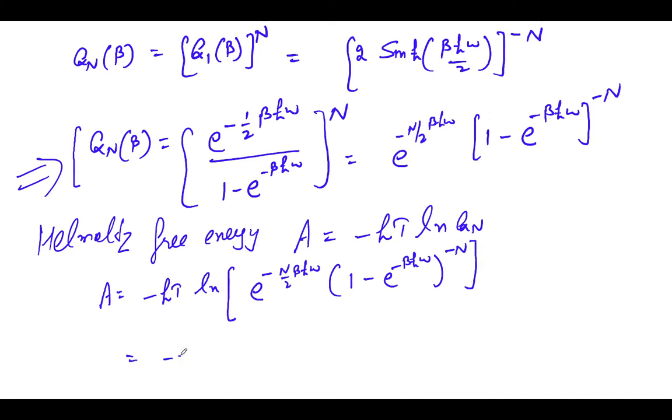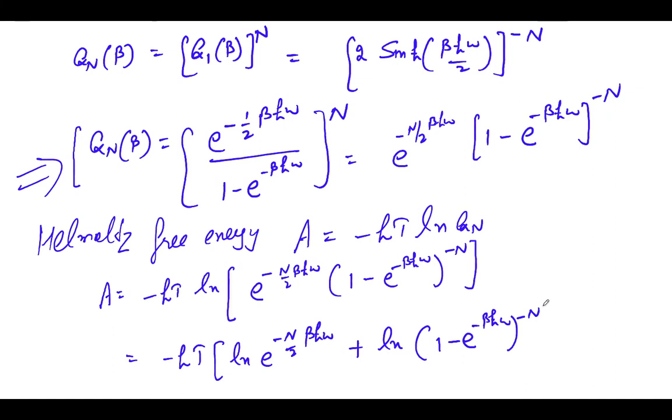So this I can write as minus kT times log of exponential of minus n by 2 beta h bar omega plus log of 1 minus exponential of minus beta h bar omega raised to power minus n.